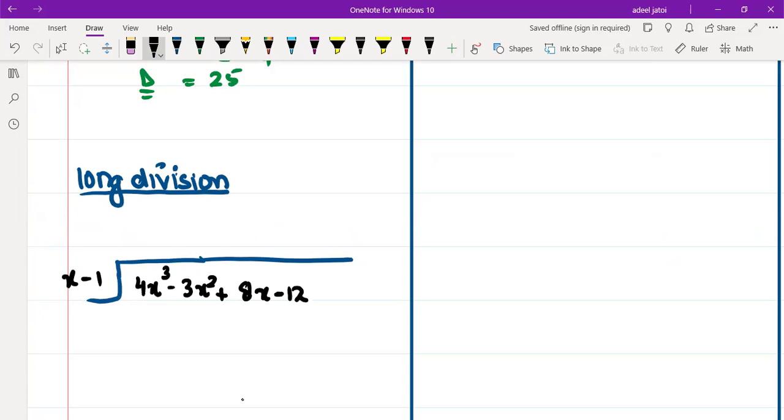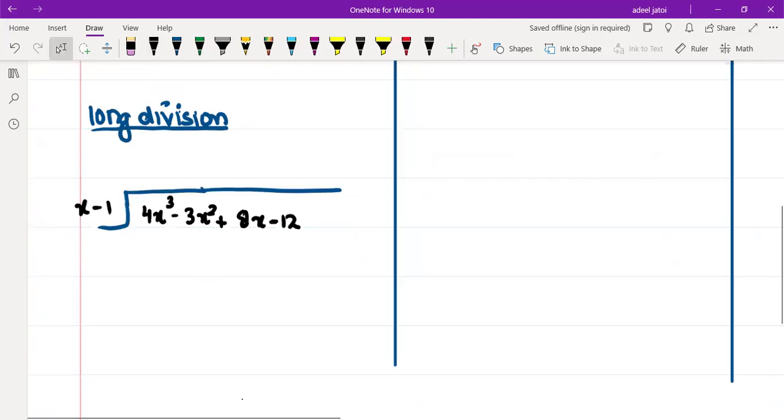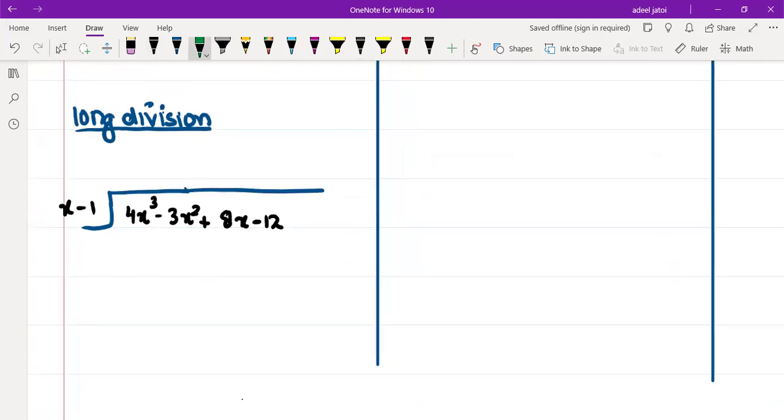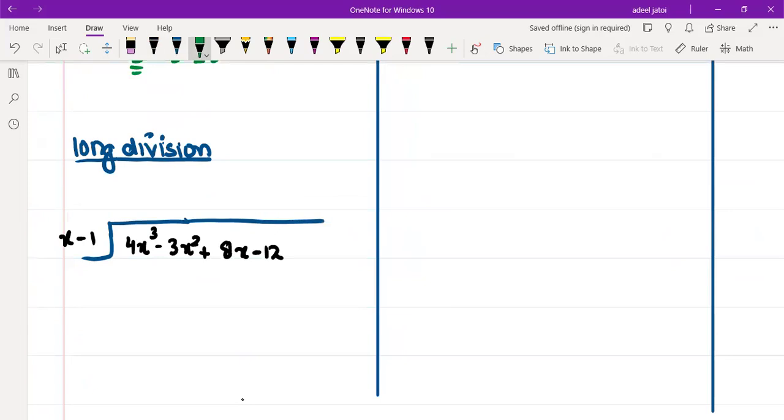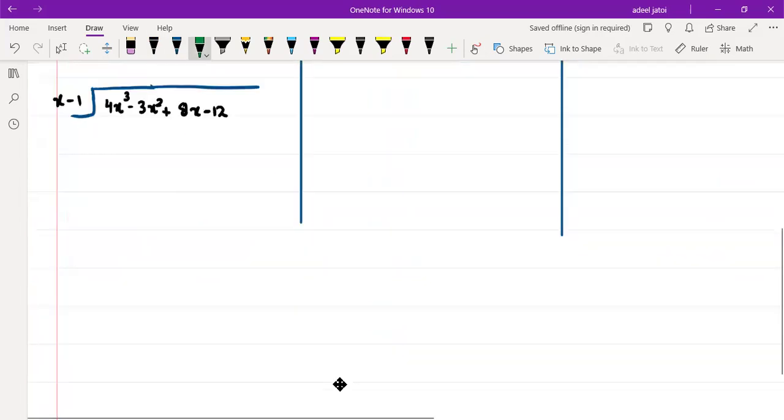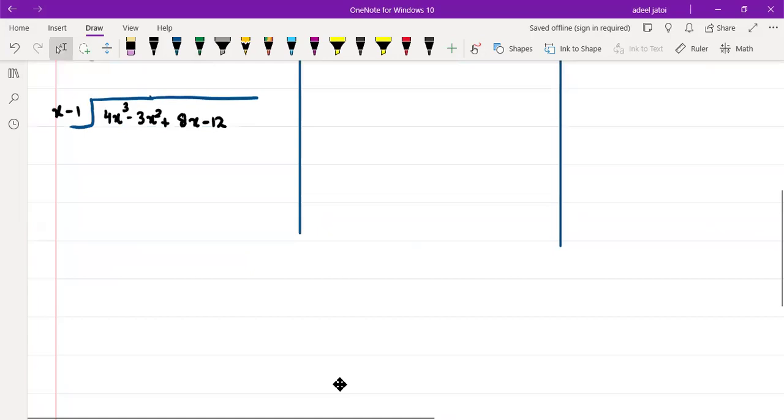Now this entire thing becomes your dividend. We're going to use the long division technique, which will help us to find out the quotient and the remainder.